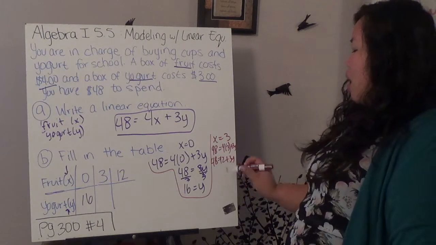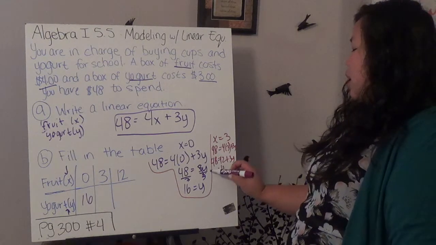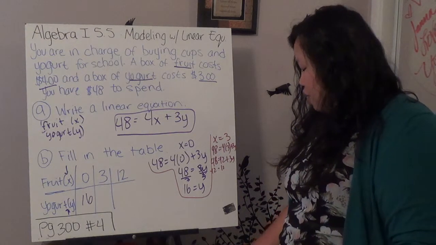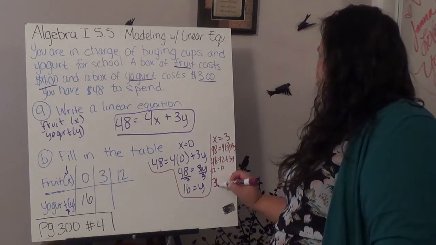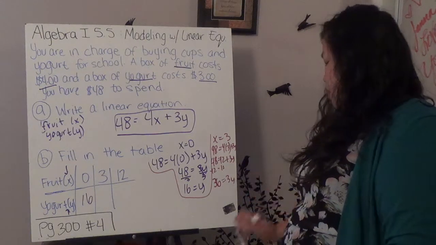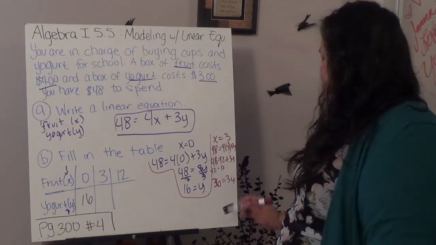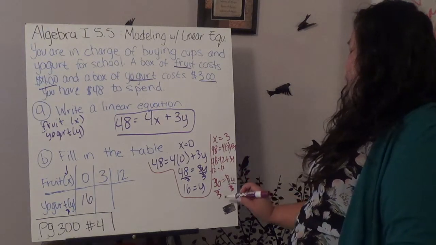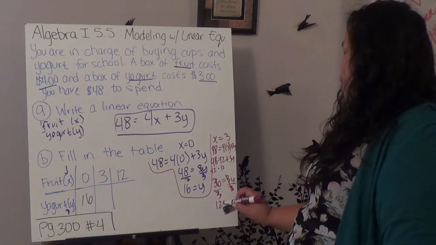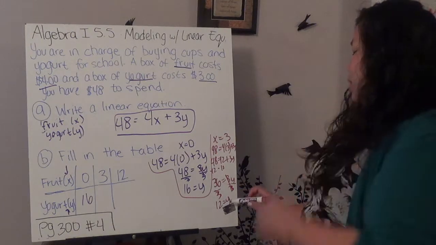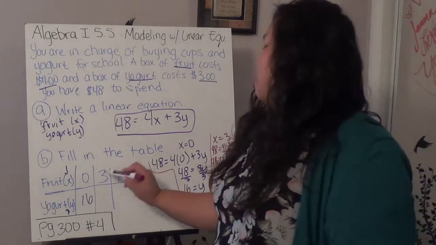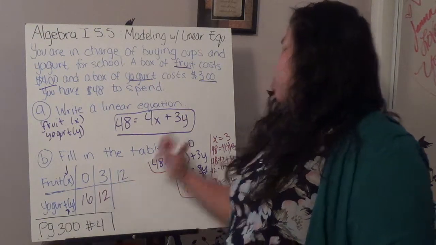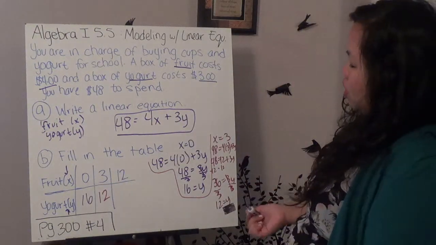Now I subtract 12 from both sides. 48 minus 12 gives me 36 equals 3y. Then I divide both sides by 3. This cancels out and I end up with 12 equals y. What this means is that if I buy 3 fruit cups, I will need to buy 12 yogurts. I can only buy 12 yogurts.